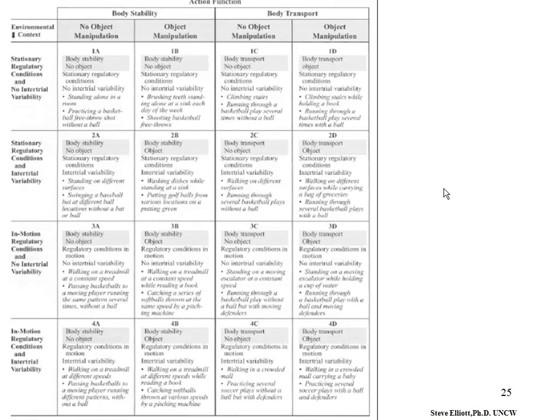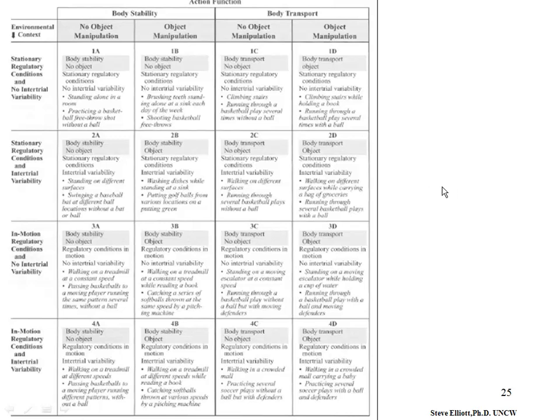That's why I provided the handout in Blackboard as well. But you can see here, and this is where it gets just a little bit complex, down here in the vertical column we have the environmental context, and up here the action function with body stability and body transport, and that creates these 16 skill categories.